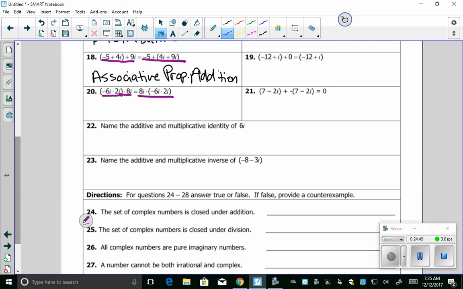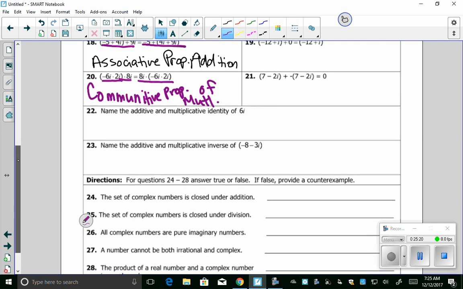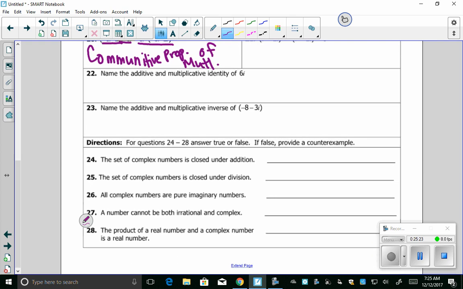That is the commutative property of multiplication because we're multiplying. Okay, I'm going to let y'all try 17, 19, and 21. And there again, if you have any questions, please let me know by raising your hand.